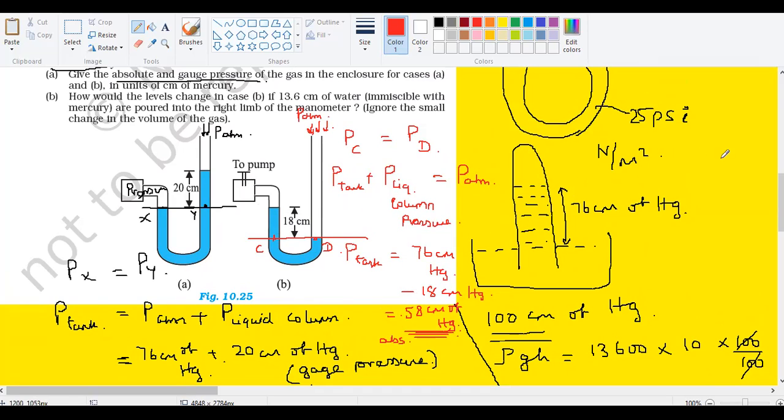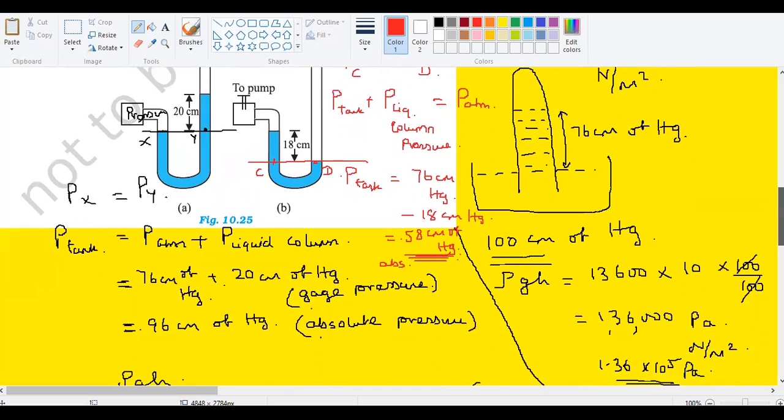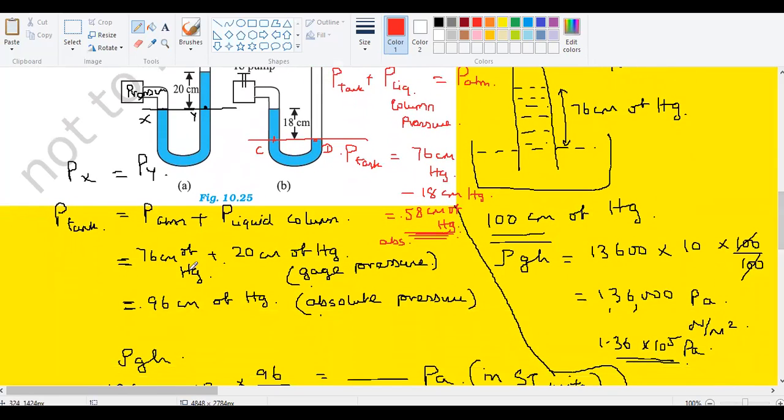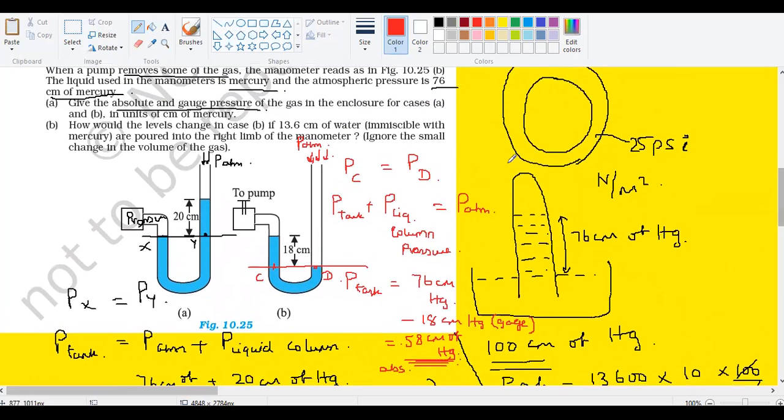Take it down. So here I said this is the gauge pressure and this is your absolute pressure. Here 18 centimeter would be the gauge pressure, but then you have to put a minus here. It's not positive pressure, it is negative pressure because of the vacuum. This is what they asked you to find, the absolute and gauge pressure in both cases A and B.